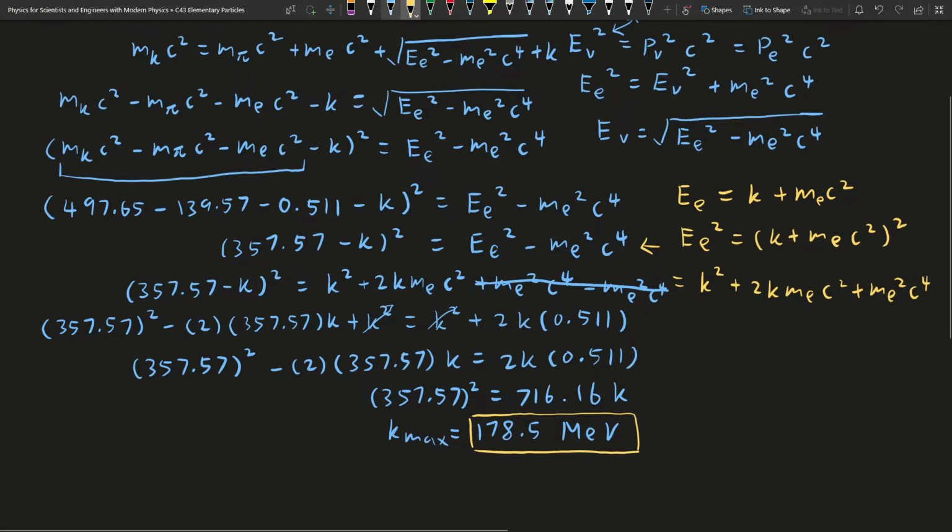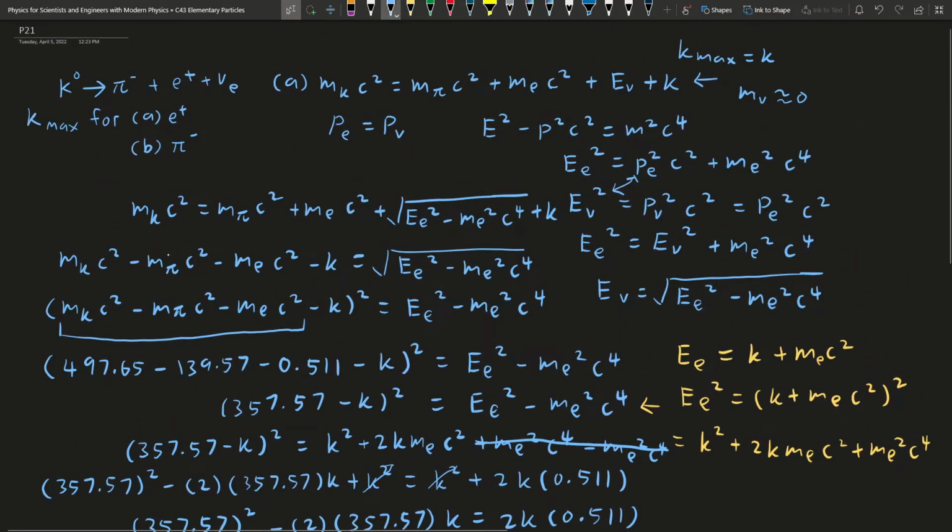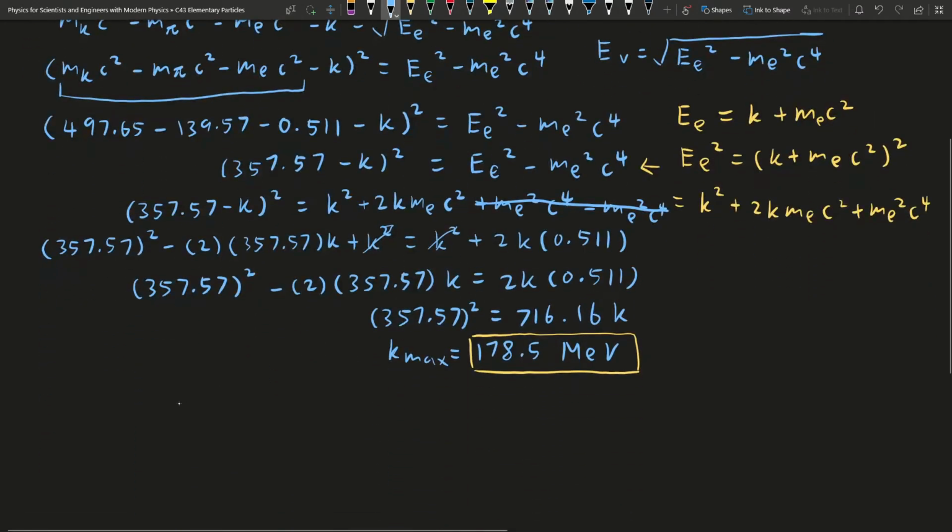Now how about part B? Part B is almost the same question, just now it becomes this one. We want to find the maximum kinetic energy for this pion. Let's solve for this. The logic is completely the same, so we can directly take it until here.